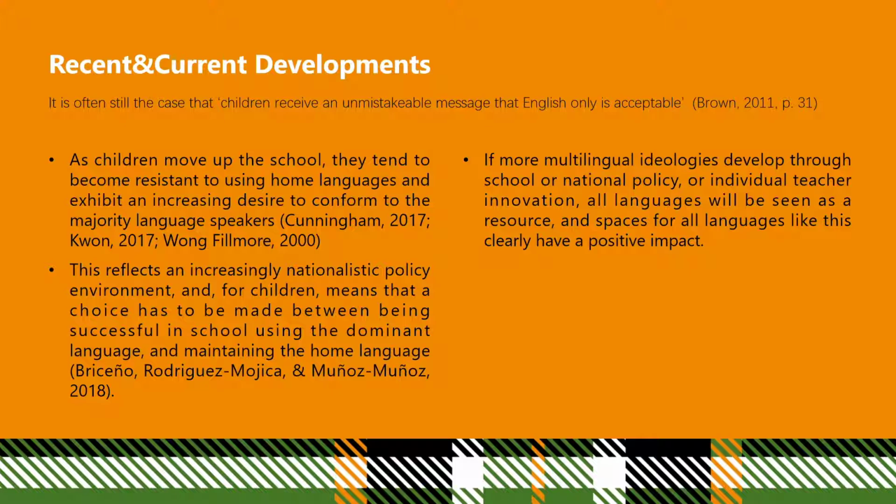That means the choice has to be made between being successful in school and using the dominant language, and maintaining the home language. However, if multilingual ideologies develop through school or national policy or individual teacher innovation, all languages will be seen as a resource. And spaces for all languages like this clearly have a positive impact.